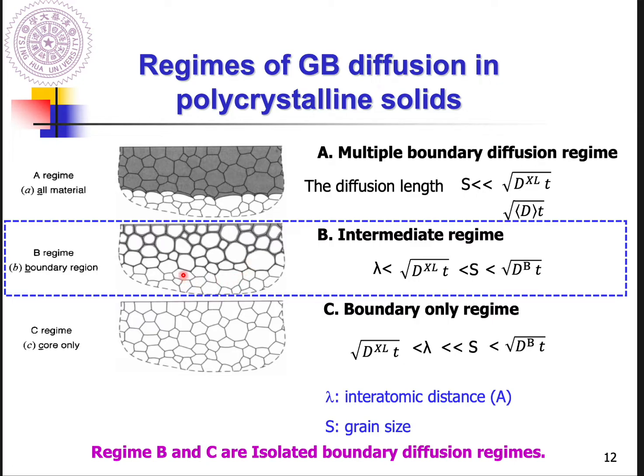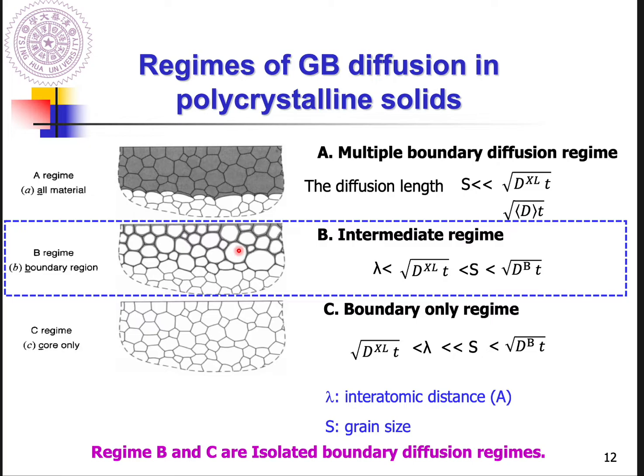Here we just introduce region B, which will be more complicated. If you want to know the concentration at this location inside this grain, first of all you need to consider that the atoms diffuse through the grain boundary, then slightly diffuse into the grain.